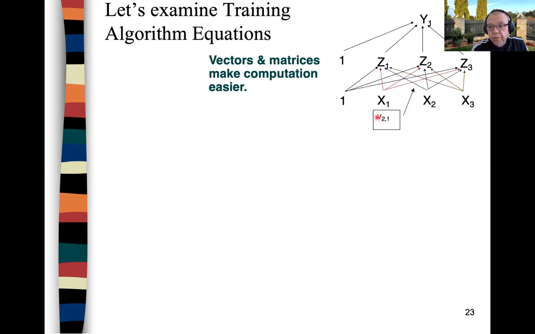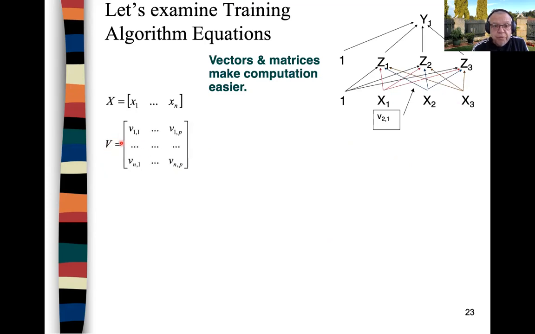This is the weight between input node X2 and output node Z1. So vectors and matrices make the computation easier. That's what we're going to see. So this is our input pattern, X1 to Xn. It's a vector.